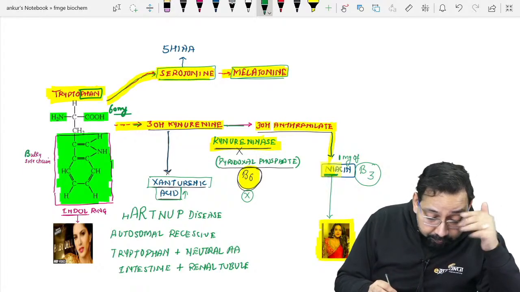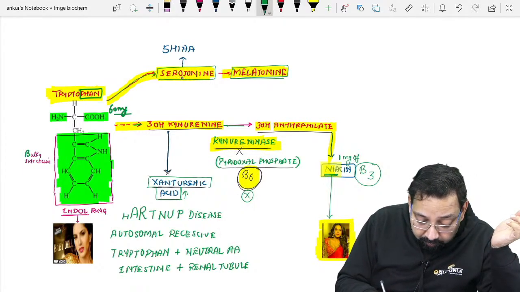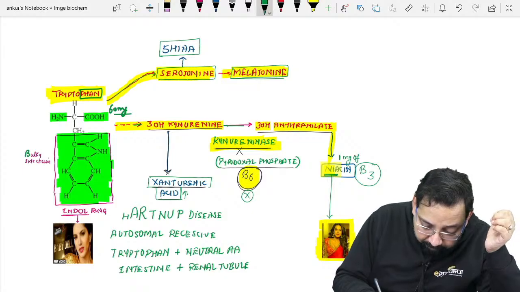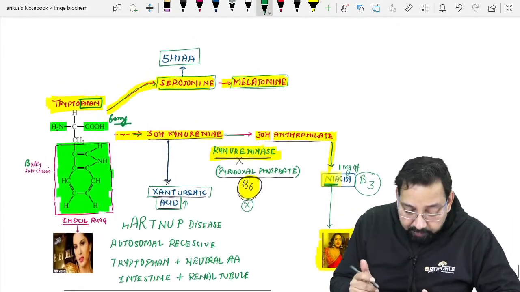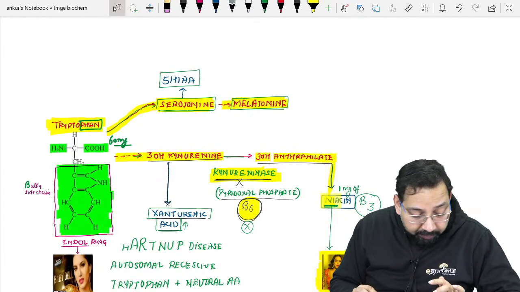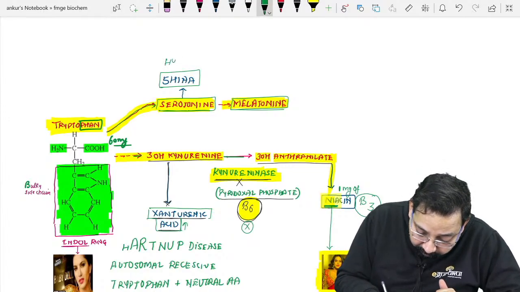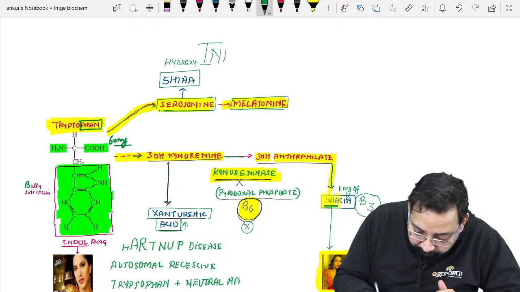Now we found that in our body serotonin is converted to 5-HIAA. What is 5-HIAA? Sometimes they don't give HIAA, and then sometimes they give hydroxyindoleacetic acid.